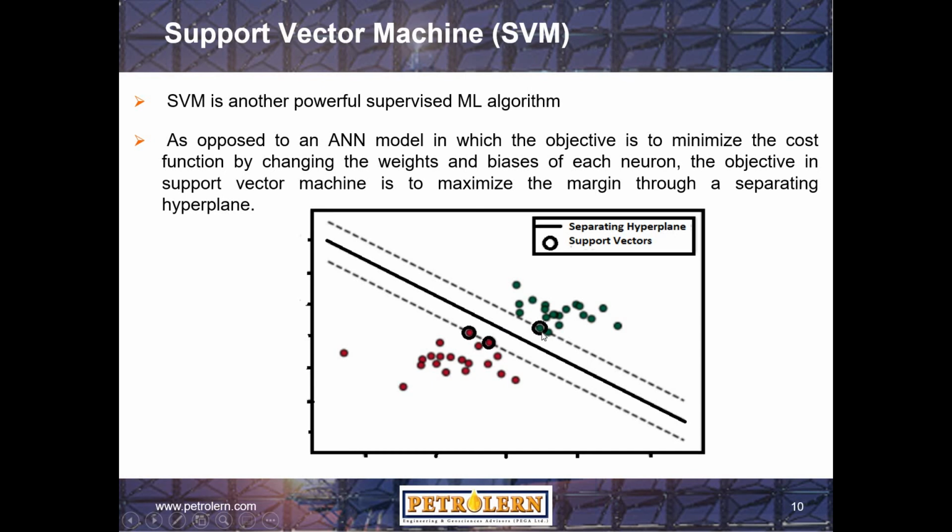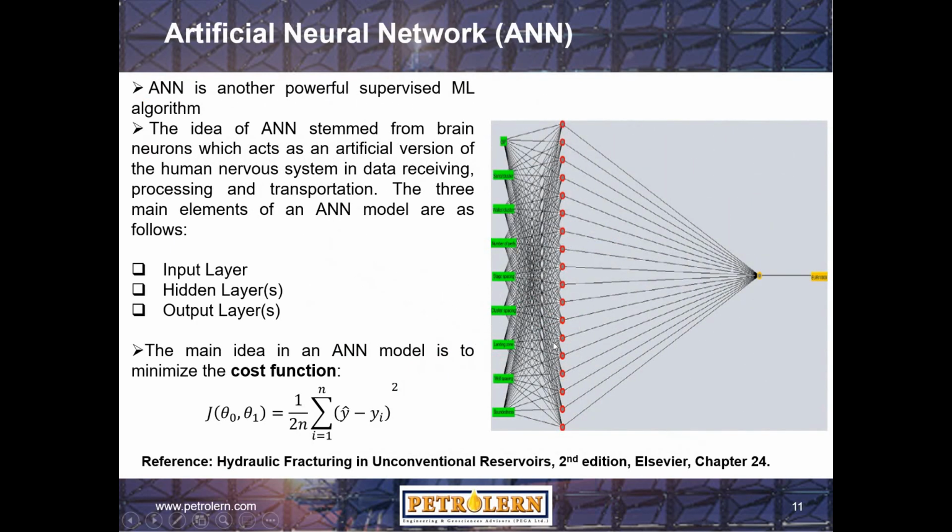in a manner that would maximize the distance between these points, these support vectors, closest to this separating hyperplane, from here to here, and it would also maximize the distance from here to down here. So you're trying to maximize the difference between the red support vectors that are closest to this black line and the green support vectors that are closest to this black line. This line can be drawn in different ways. You can draw it this way, or you can draw it this way.